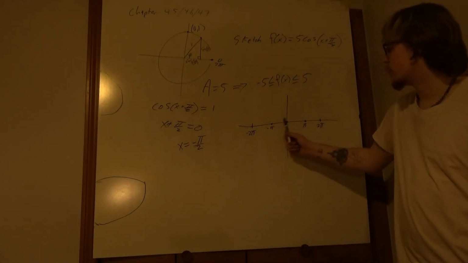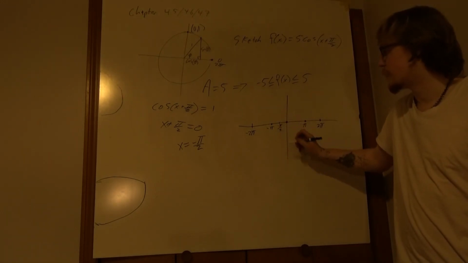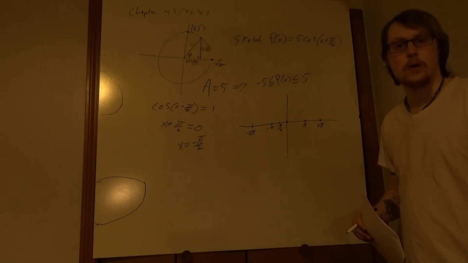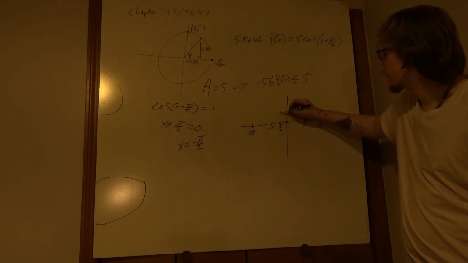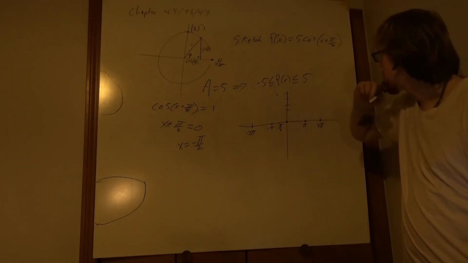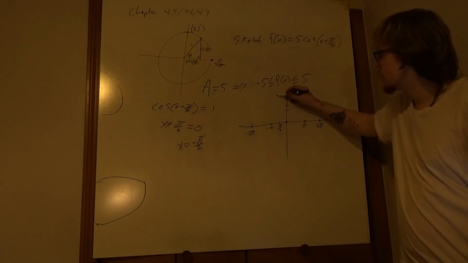So now we can come over here. If this is pi, then this is going to be negative pi over 2, and we know that is going to be the first instance on our graph where we have 5. So right here, we're going to have a point. I didn't draw that to scale, but yeah, so right here it's going to be 5.